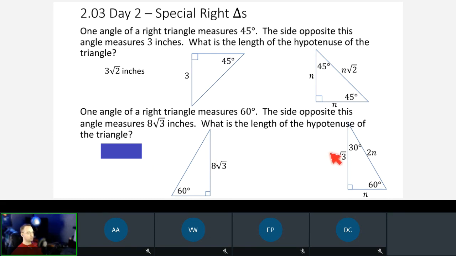So going from the 30 degree leg to the 60 degree leg, I divide by radical 3. So divide this by radical 3, I just get 8. So this leg is 8, and then going from this leg to the hypotenuse, multiply by 2, and that's how we get 16.